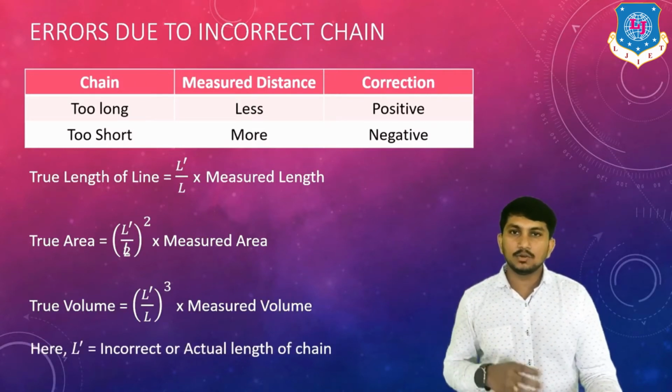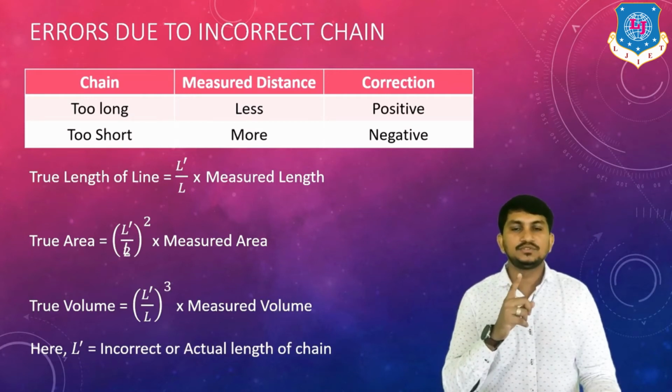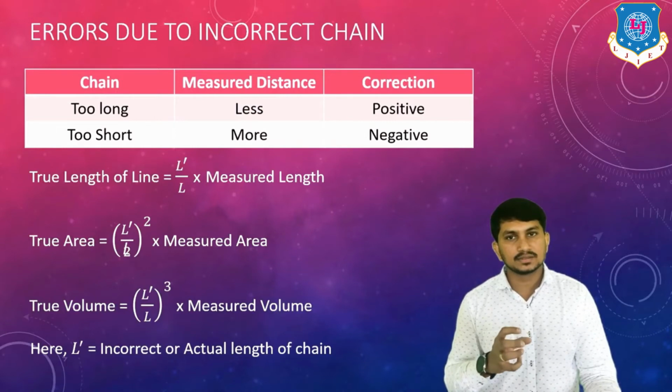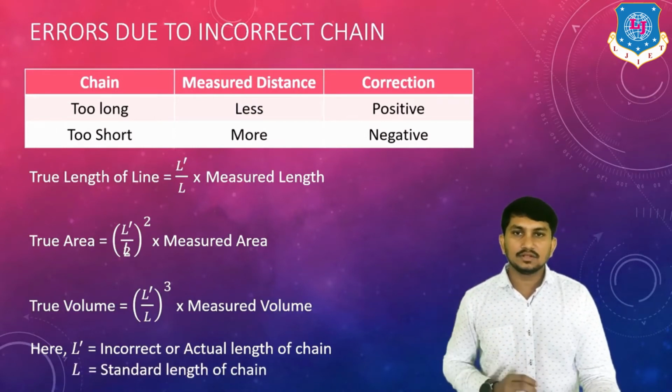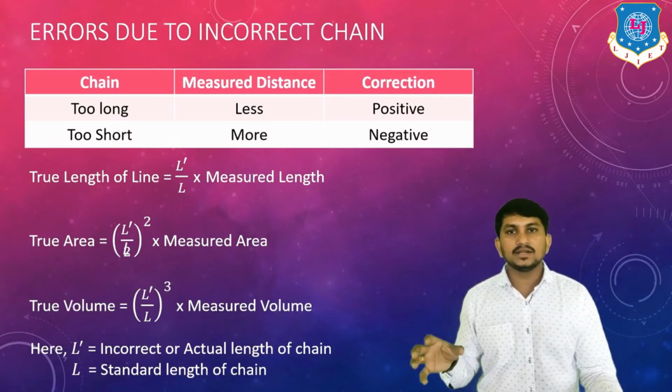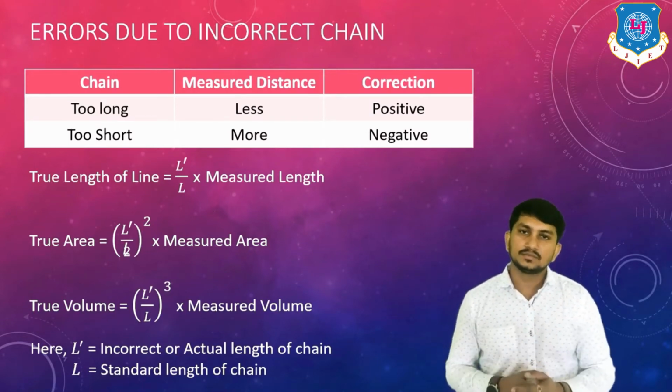Here, L dash is equal to the incorrect length of the chain, or the actual length of the chain after the errors, and L is equal to the standard length of the chain. By this equation, we can correct the work.